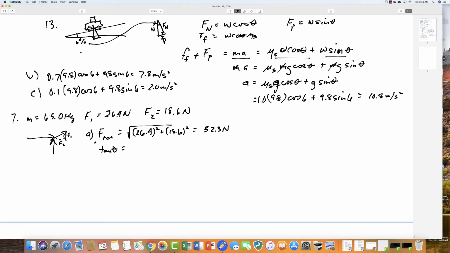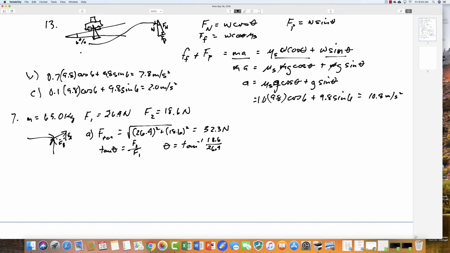Now the angle here: the tangent of the angle is going to equal the side opposite. I'm sorry, I've got these labeled wrong. This is F2 and this is F1. It's going to be F2 over F1. And so the angle itself is going to be the inverse tangent of F2 over F1, which is 18.6 over 26.4.